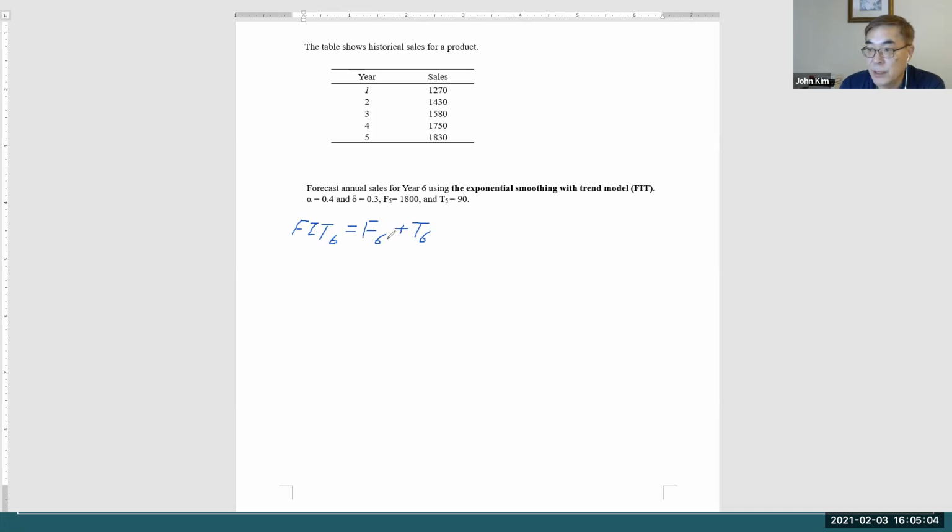So we need F6, which is FIT5 plus alpha times (A5 minus FIT5). Here, alpha is given, delta is given, F5 is given, T5 is given, but FIT5 is not.